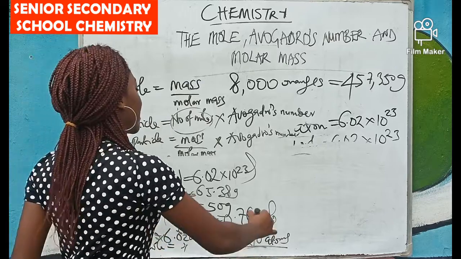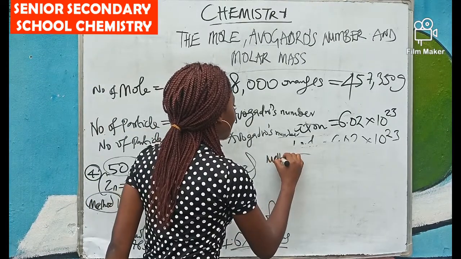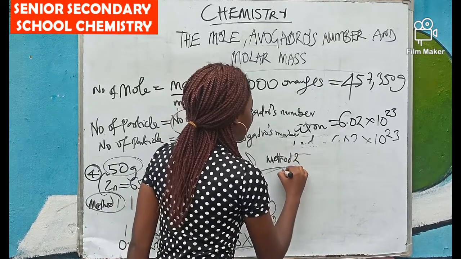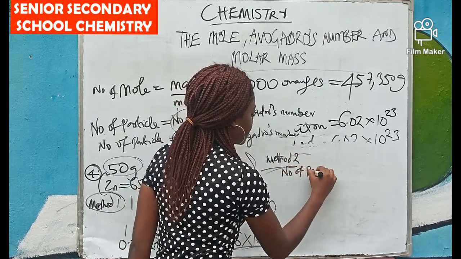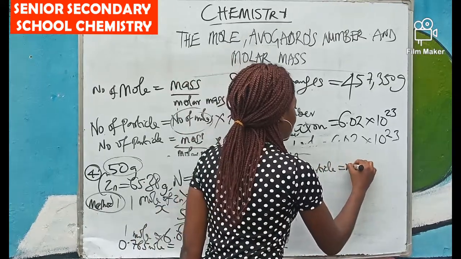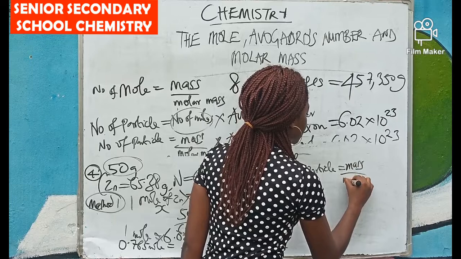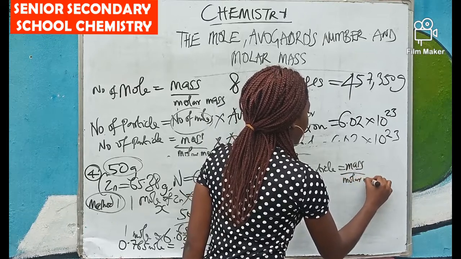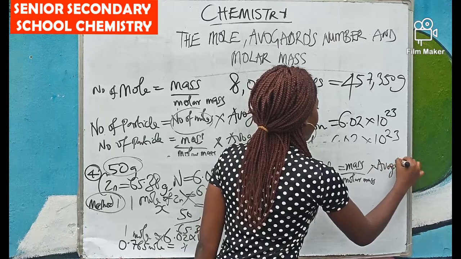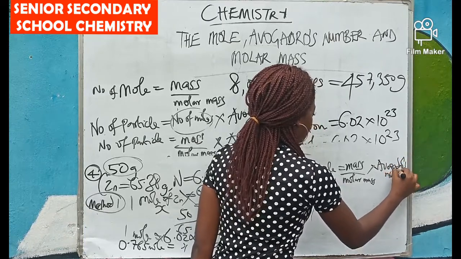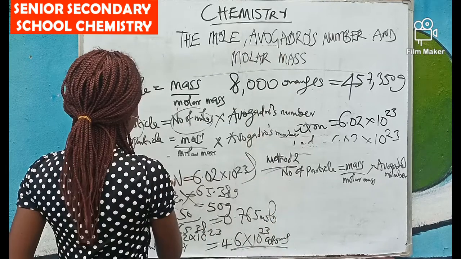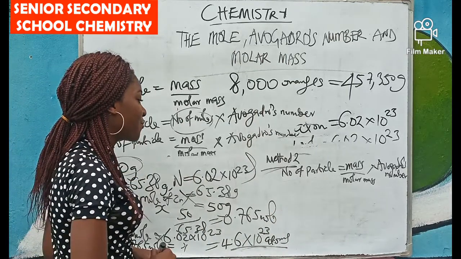Or we can use our method 2, which is the formula method, which is number of particles equal to mass over molar mass times Avogadro's number. Okay, now our mass here, which is given to us, is 50.